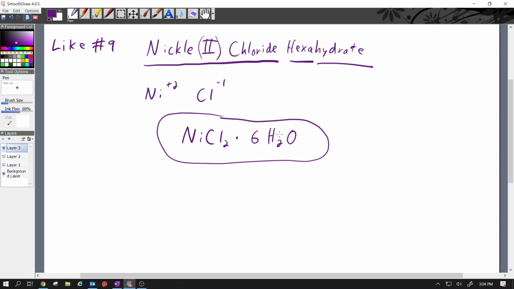Now, if you saw it written this way, you would simply go the other direction. You would say, oh, NiCl2, that is nickel(II) chloride, and then hexahydrate. So whether you go from the name to the formula or the formula to the name, it's all about the compound, the numeric prefix, and the word hydrate. Compound, numeric prefix, hydrate.